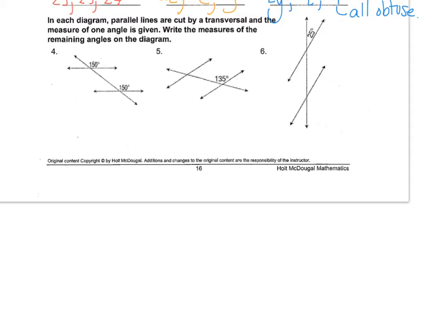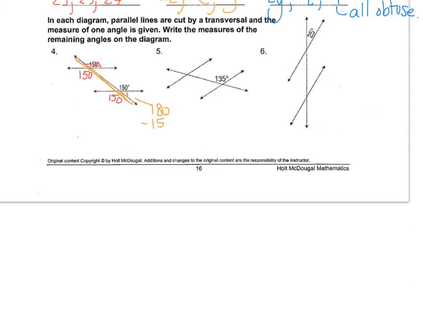So my obtuse angle here is 150. That tells me all of my obtuse angles are 150. So the question is now, how do I find my acute angle? Well, if I look at that transversal, that's a straight line, right? And I know a special number about straight lines, they add up to 180.